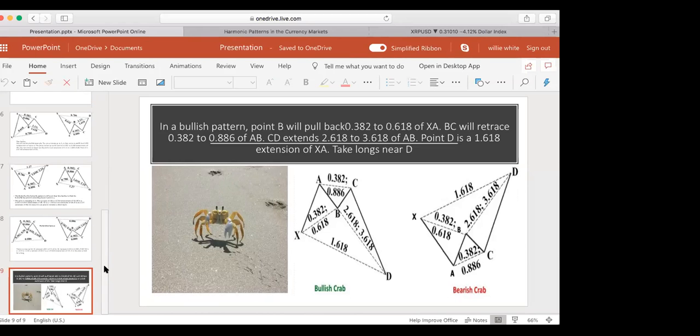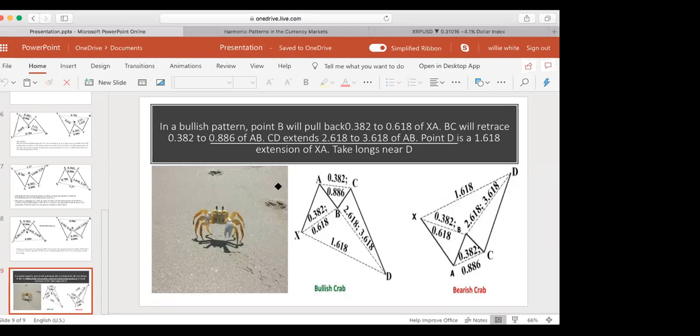With these patterns, I like to use them with the Ichimoku cloud, because the Ichimoku cloud already tells you what's going to happen in the future. Along with the Ichimoku cloud, you can make some good profit off these.